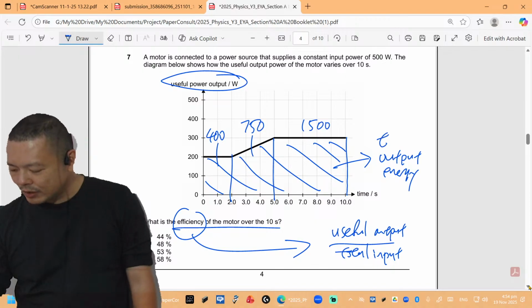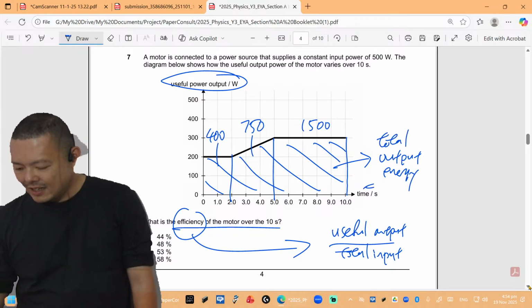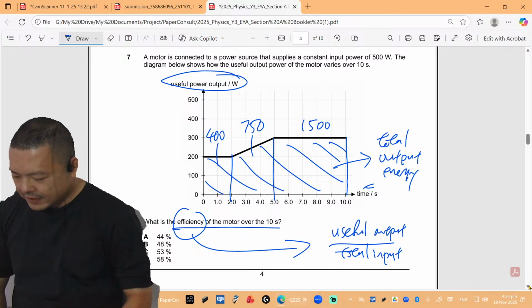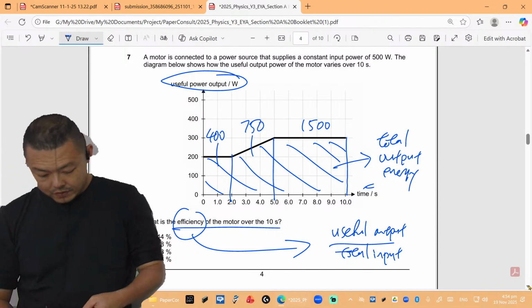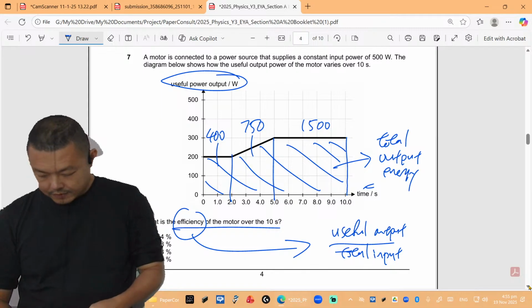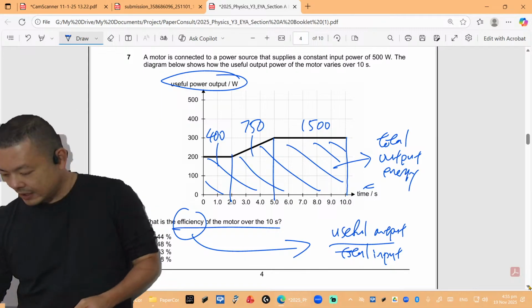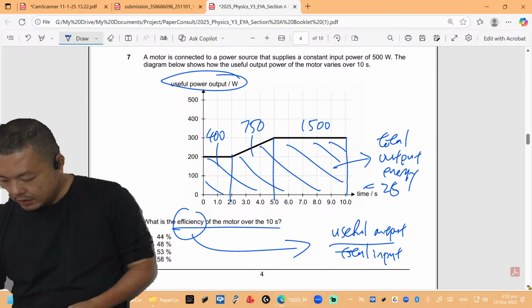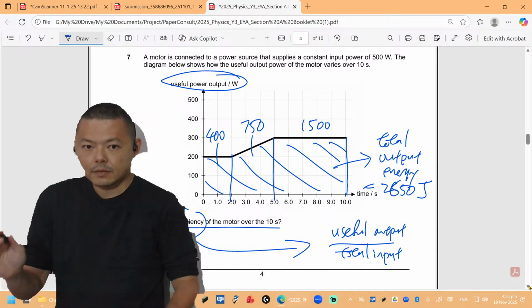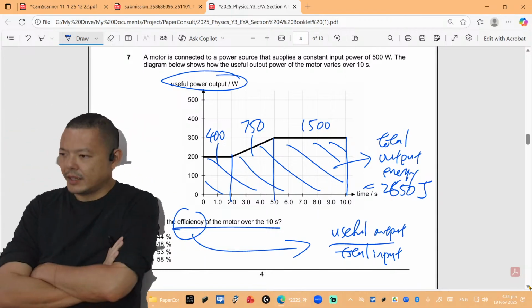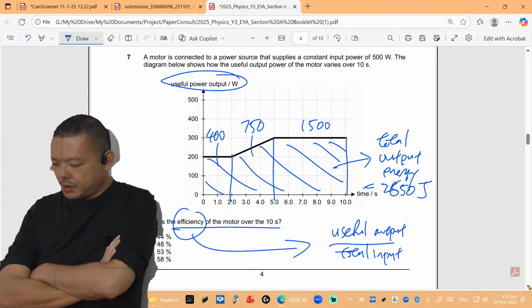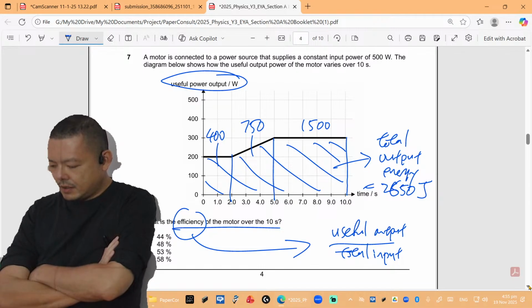So what's the total output energy then? 400 plus 750 plus 1005, right? Then that's just 2650 joules. Do you understand this? Yeah. Okay. Good. 2650 joules. And then what?